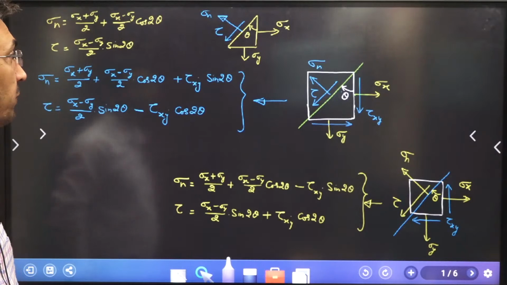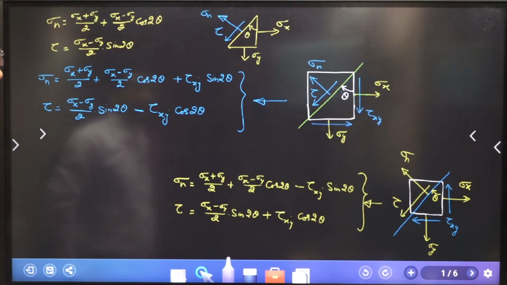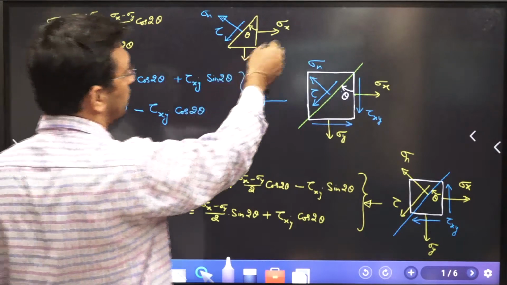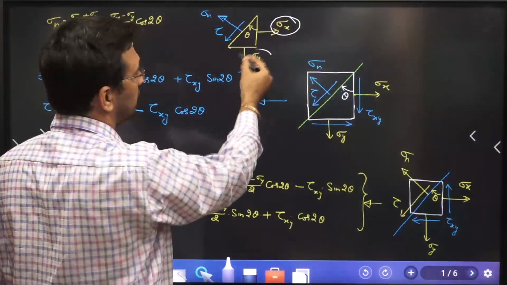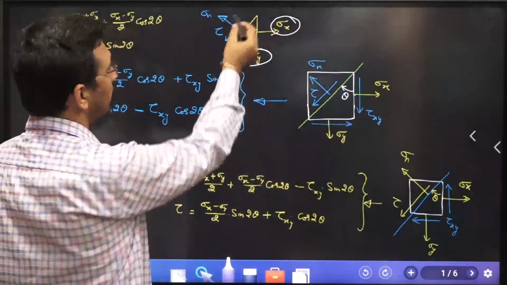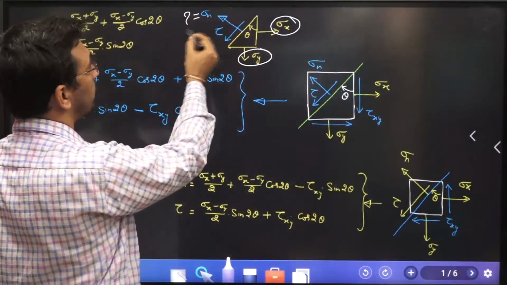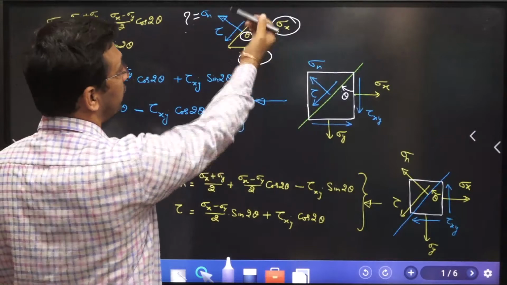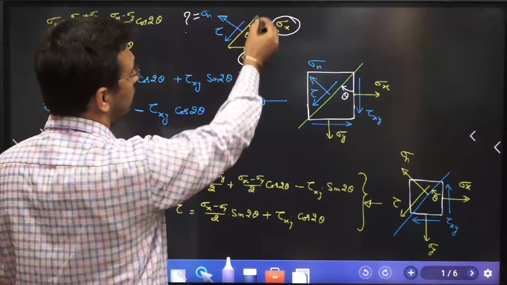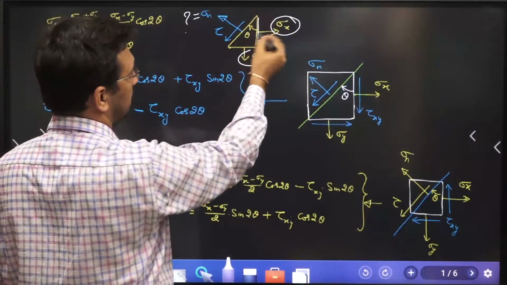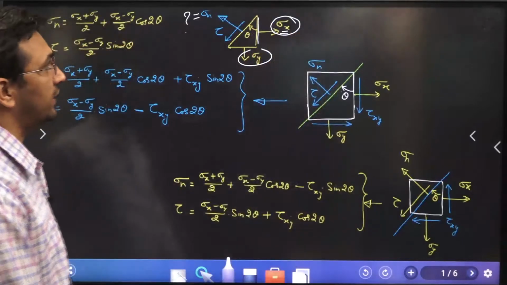So in any particular plane, when I want to find the shear stress or normal stress, this is going to be handy. For example, I am applying a normal stress, let us say tensile in nature, and I want to find the normal stress on a plane inclined at theta. But with what? With the plane on which sigma x is acting.